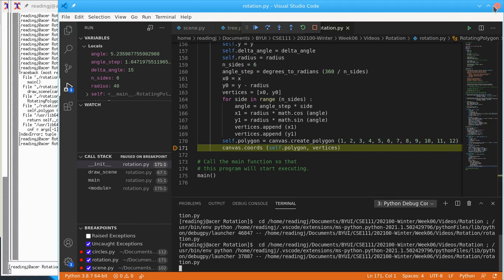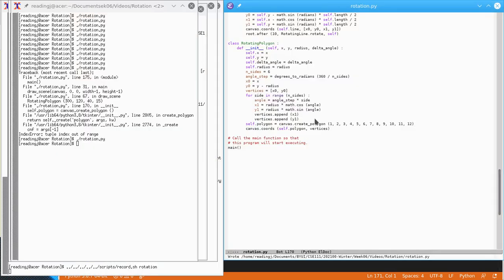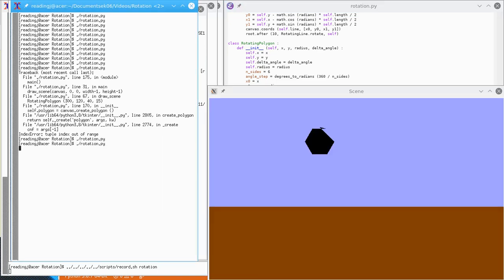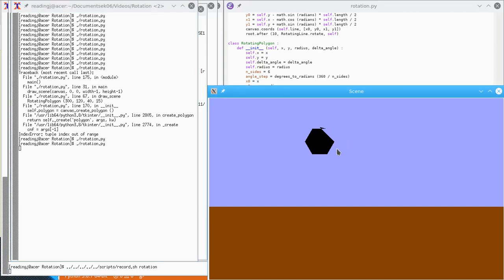Oh, I know what I forgot. I forgot to add on. This is x plus, and this is y plus. I need to add on the center of the polygon. Okay, now we're a little closer. Why did that go like that? 1, 2, 3, 4, 5, 6.